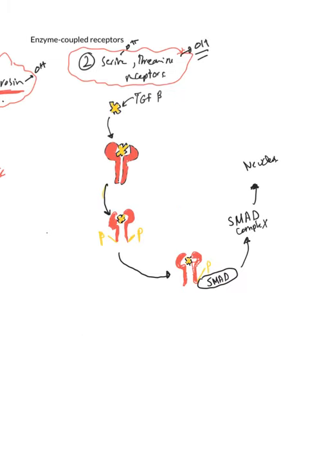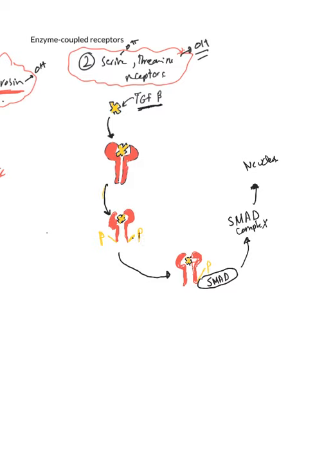And then lastly, the second type of the enzyme coupled receptors is serine threonine receptors. This is a general, not really detailed overview. We have TGF beta, which acts like the ligand. It goes to the receptor, which is this serine threonine receptor.